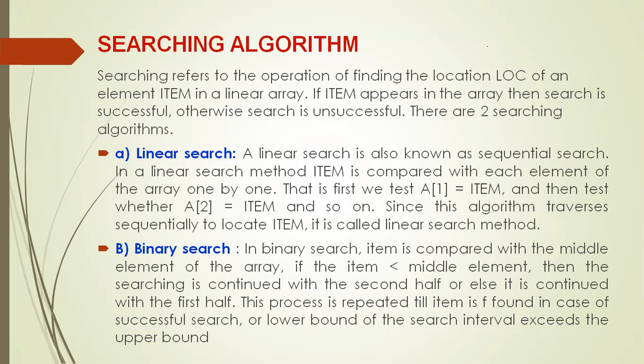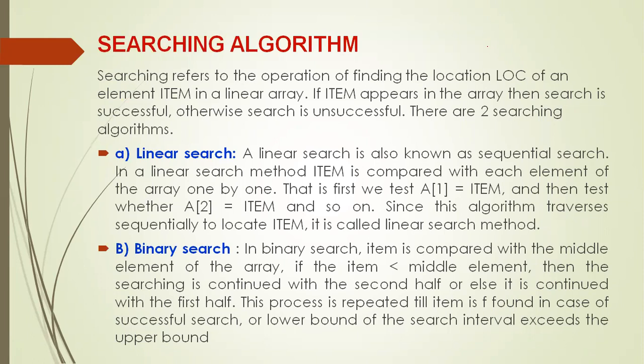So basically, there are two different techniques for checking whether a particular item is present in the array or not. The first one is linear search, the other one is binary search. As I told earlier, linear search is also called sequential search. Here, the search element, the item you are searching, is compared with every element of the array in order. First it is compared with A1, then with A2, then with A3, then with A4, and so on.